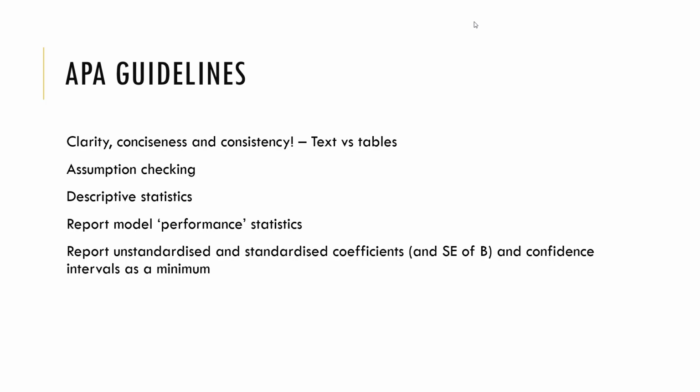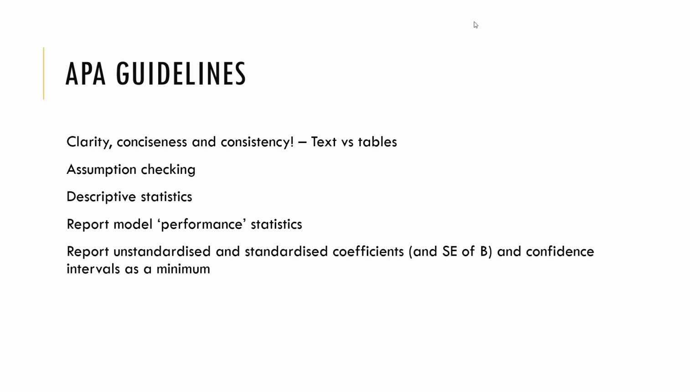So really, the APA recommends using tables to communicate your results. Be clear about the assumption checking you've performed and what you found. Make sure you report descriptive statistics. So often in regression analysis, people focus on the coefficients table without telling us anything about the actual means of the initial variables, or the standard deviations, and so on.